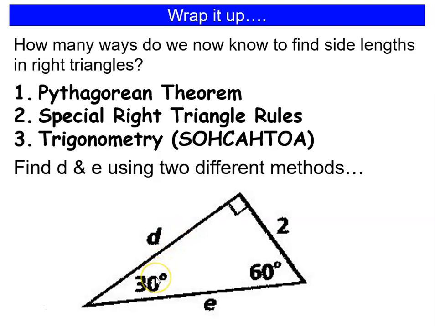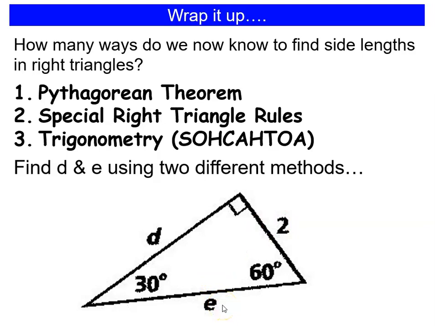You could set up tan of 30 degrees equals 2 divided by D and solve for D. To find E, you have the opposite side and you're looking for the hypotenuse. So you could set up OH, so sine of 30 degrees equals the ratio 2 over E and solve for E. You could use 60 degrees and set up those ratios as well with tangent and with cosine.